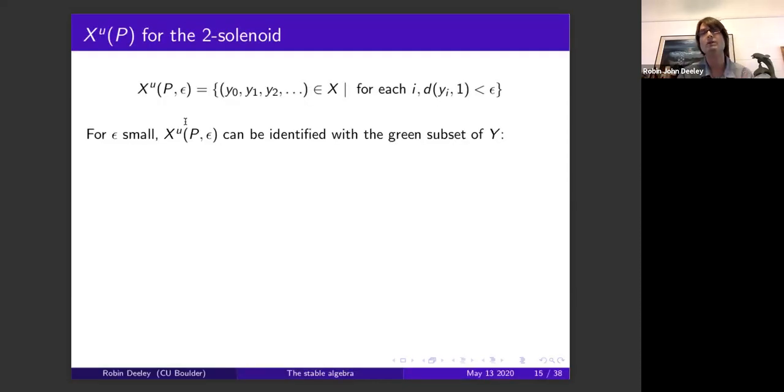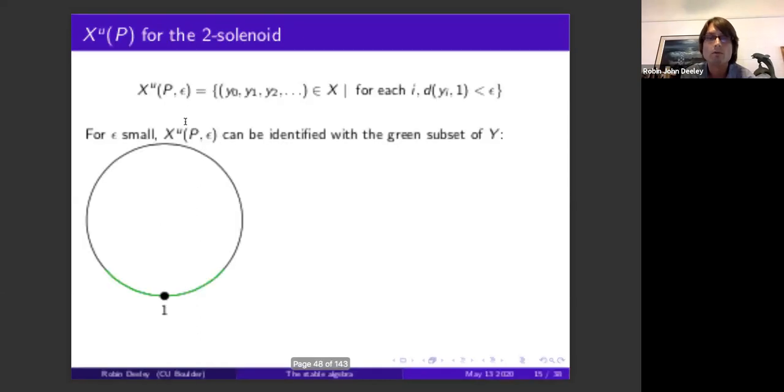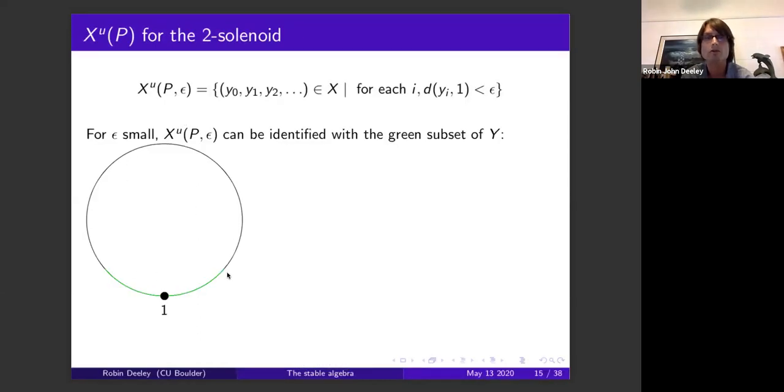We're going to try to identify XUP as a subset of Y. So here is Y, it is the circle, and I'm saying that, depending on our epsilon, we'll have a different green shaded region here, but this XUP epsilon can be identified as this subspace sitting inside of the circle.